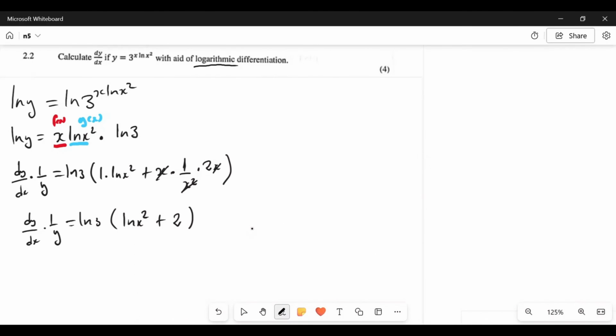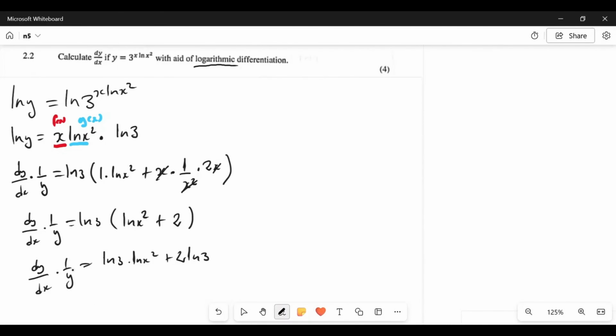Now if you continue, we're going to have the following: dy over dx multiplied by 1 over y. We remove the brackets. We're going to have ln 3 multiplied by ln x squared plus 2 ln 3. There we go.